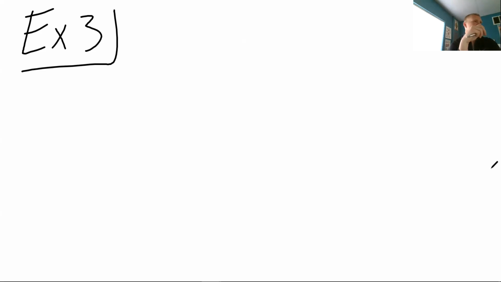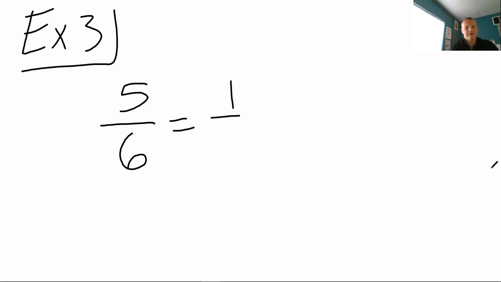I started writing it without even looking at it. Why do they want to make this so much? Yeah. So my total is 5/6. And then it says 1/3 of the space is filled up, and I want to know what x is.